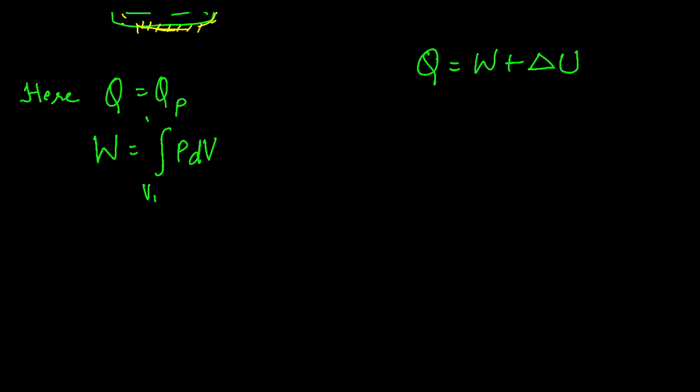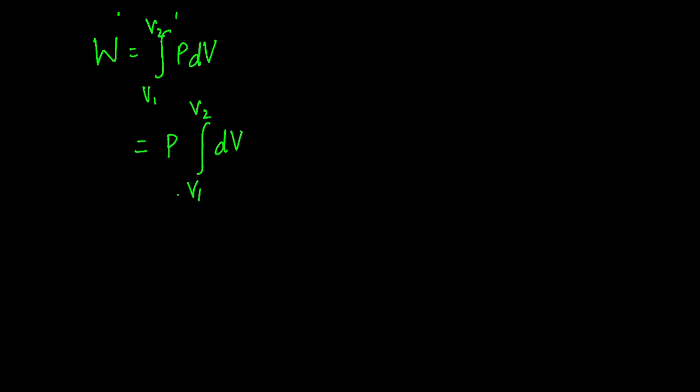So from V1 to V2. But here the pressure is constant. You know, we always kick the constants out. Okay, what is integration dV? What is integration dV? હાં, બોલો જલ્દી.